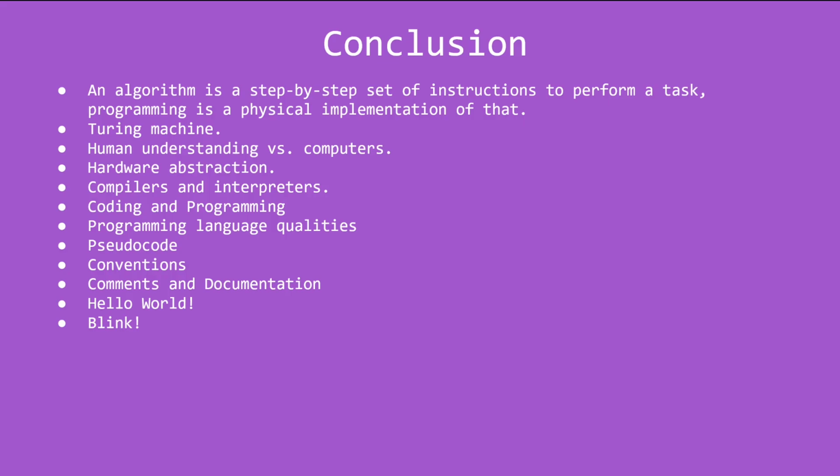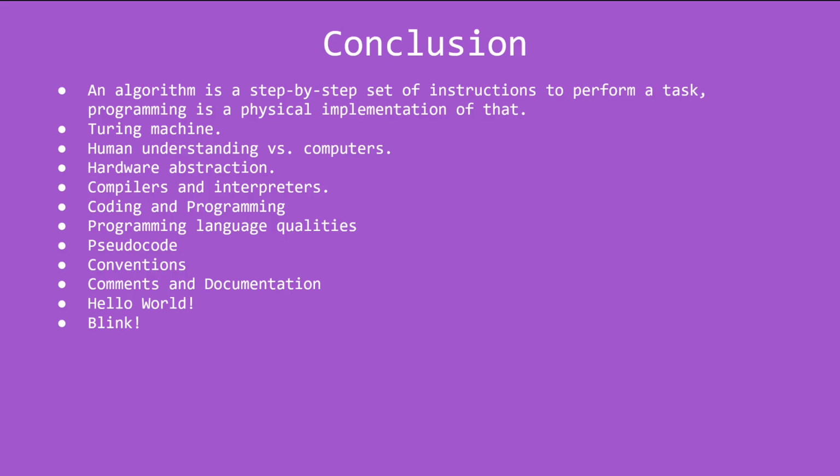The difference between coding and programming. Programming is the whole thing, while coding is just entering the programming language. We've talked about qualities of programming languages. We mentioned pseudocode and how that can help you to write a program. We've talked about conventions, grammar, syntax. We talked about comments and documentation, and also mentioned that comments in a program still take up space.